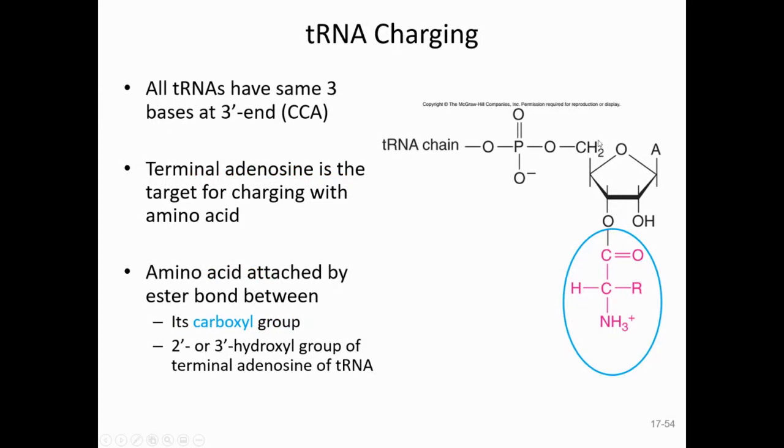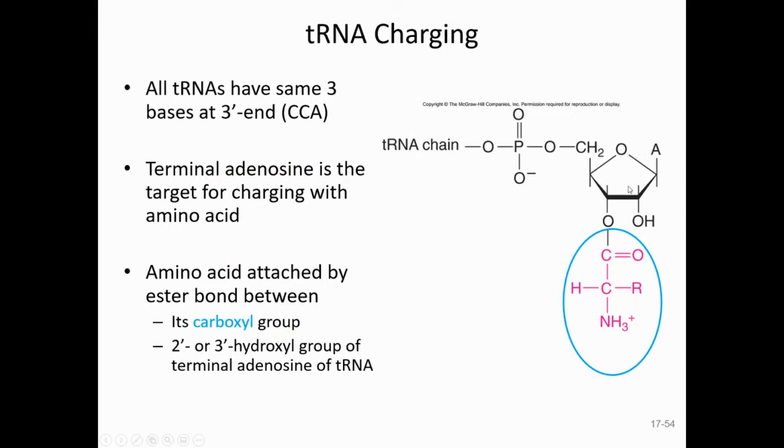So basically it's like this. Remember the 3' end of tRNA is CCA. The last nucleotide is A, adenine here, and this adenine needs to carry the amino acid. So adenosine is the target for the charging with amino acid.